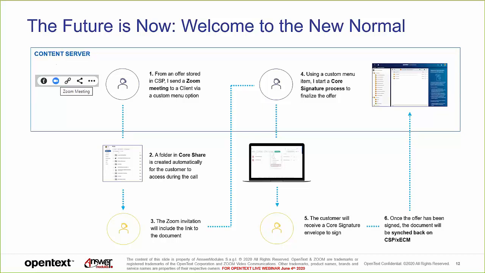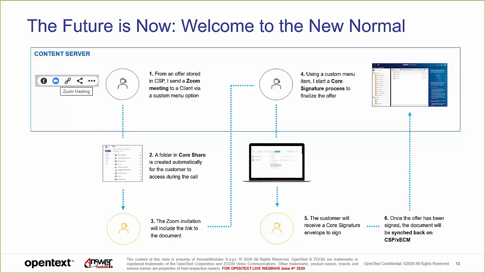So we can directly send out that specific document to that specific external party for signature via the Course Signature platform. And once the document has been signed, we can also automatically sync it back on CSP. So I'll automatically have a new version added, this time of the signed document.